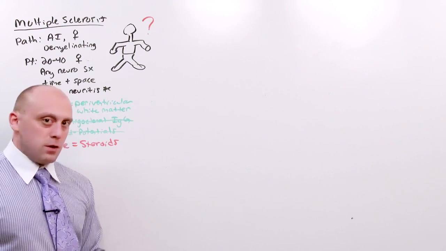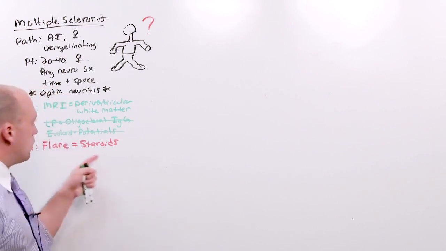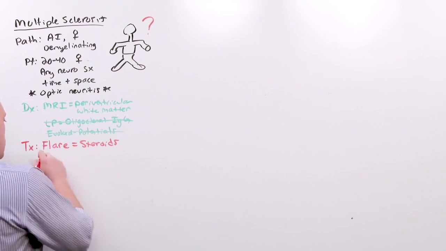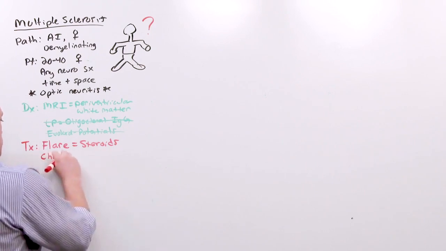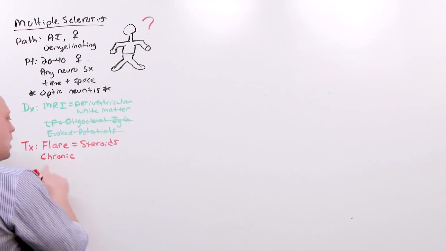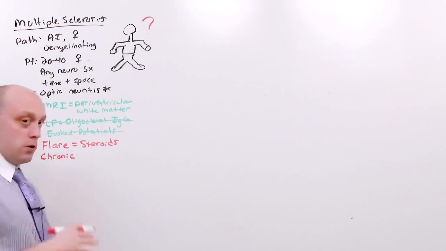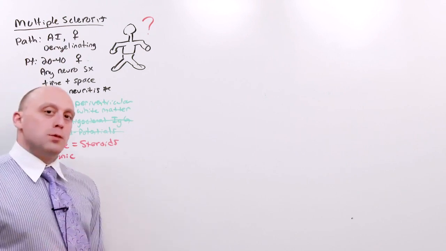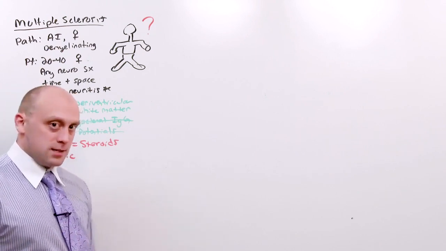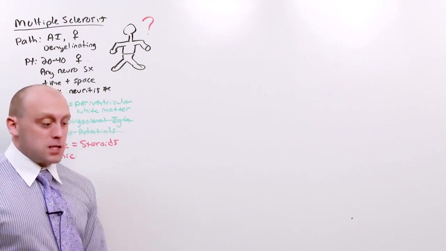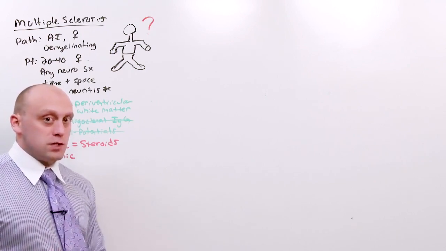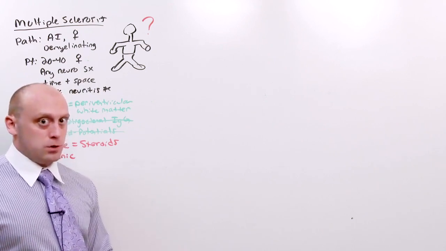But once the flare is over, that is, an acute relapse is over, you can't manage them on steroids. So you'll have some chronic management tools. I don't want you to remember the whole list, and there are 12 of them, but the ones you should be able to identify on the test because they've got strange names, and if you see those names in the answer choices, you know the question is about multiple sclerosis.